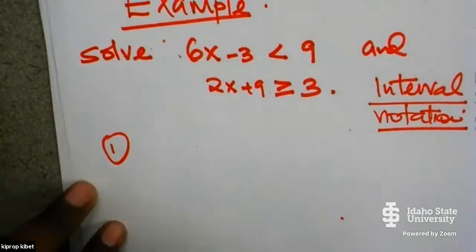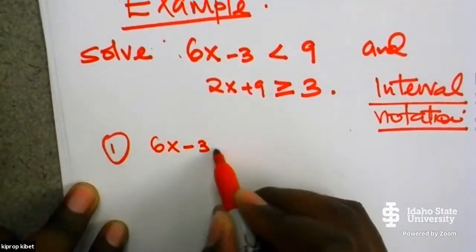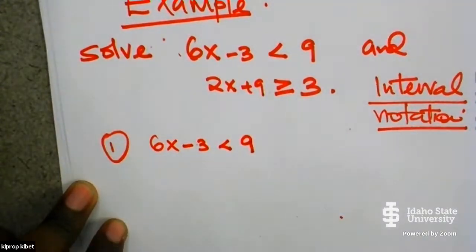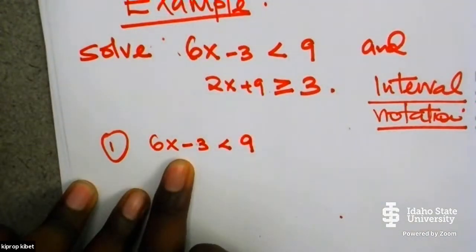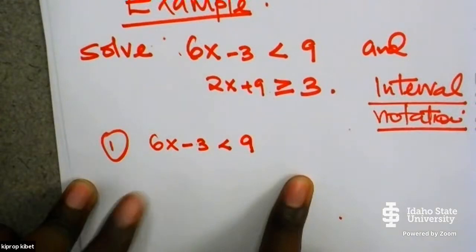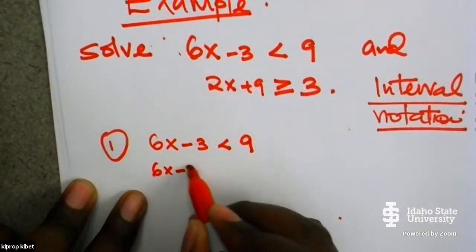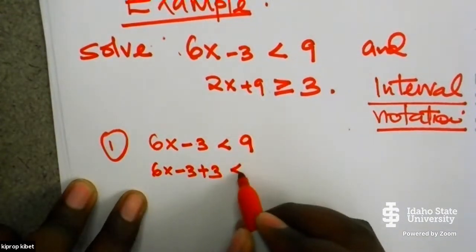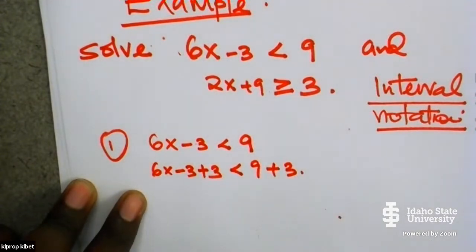Let's start from the first one, 6x minus 3 less than 9. We take 3 to the other side, and then divide by 6. So 6x minus 3 plus 3 less than 9 plus 3; what you do here, you do on the other side.